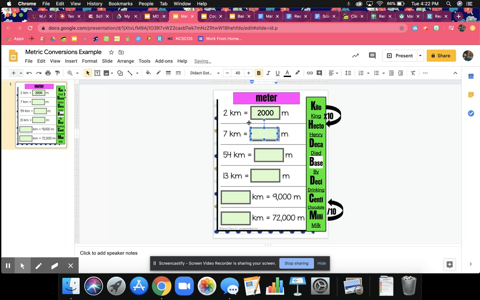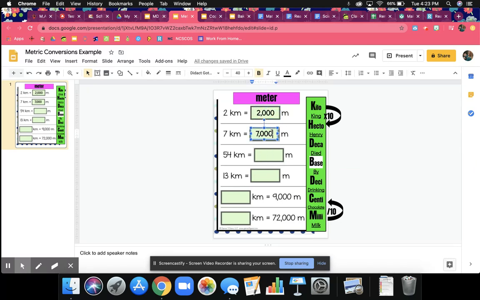So we want meters again. So we're starting up here. We have 7. So we're going to multiply by 10 1, 2, 3 times to get to our base. So 7 times 10 is 70. 70 times 10 is 700. 700 times 10 gives us 7,000 meters.